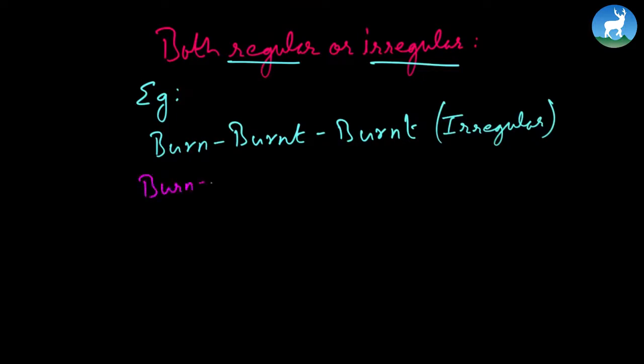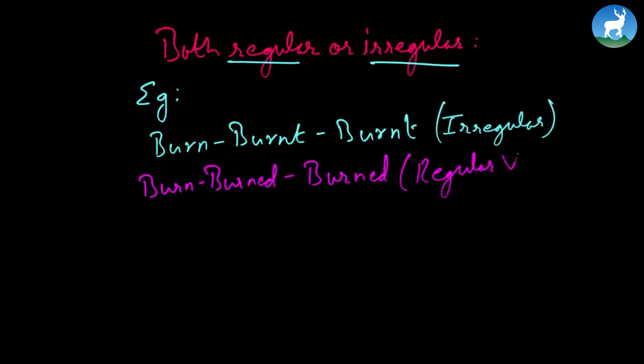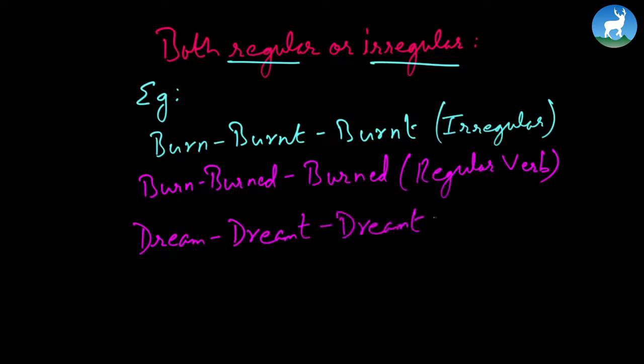We can also write this as burned, burned. When you add ed, it becomes a regular verb. Similarly, we can have many words, for instance, dream, dreamt, dreamt. Without ed, this becomes irregular.